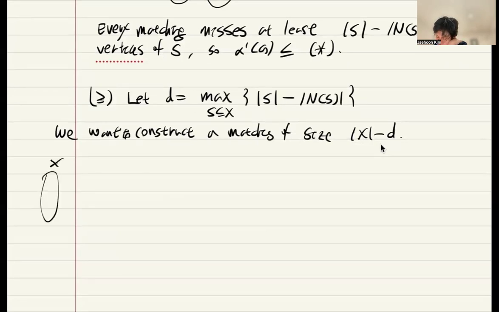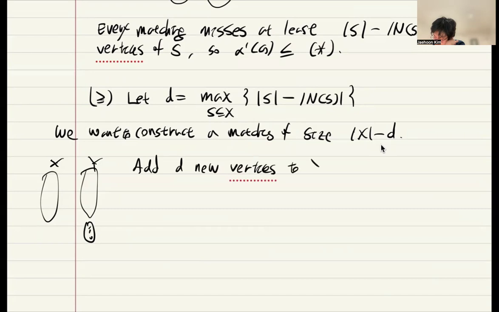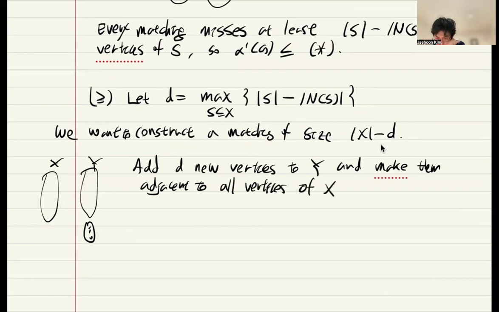So what do we do? We have X and Y, and we add some artificial vertices. We add new vertices to Y and make them adjacent to all vertices of X to obtain a new graph G prime.